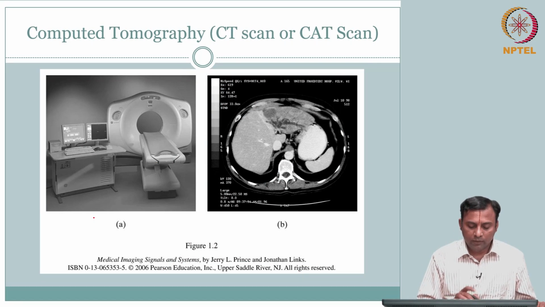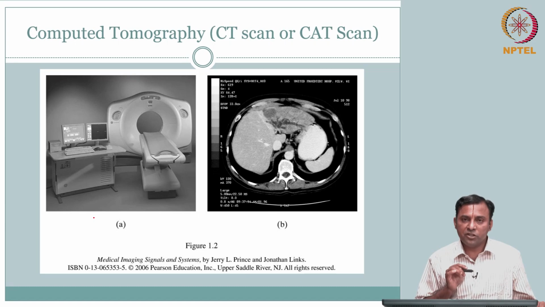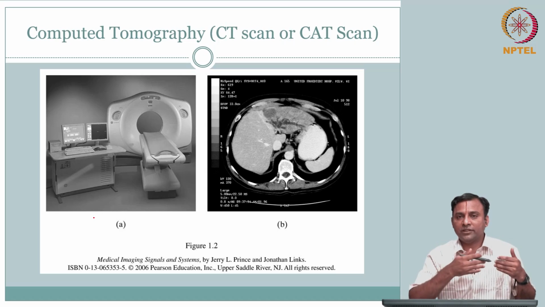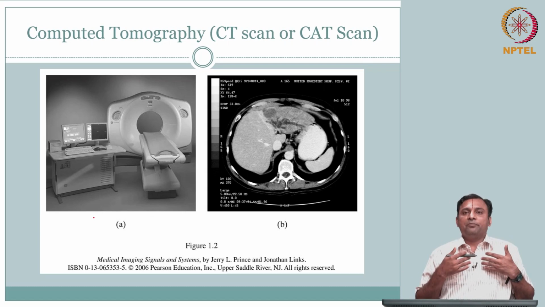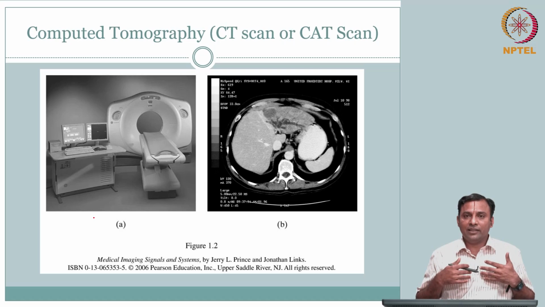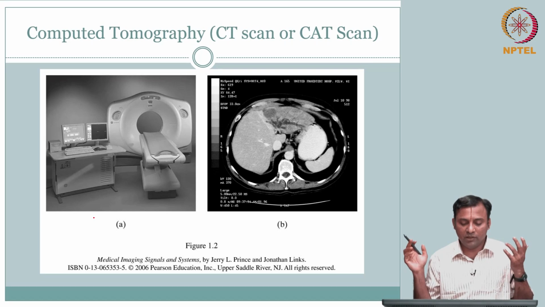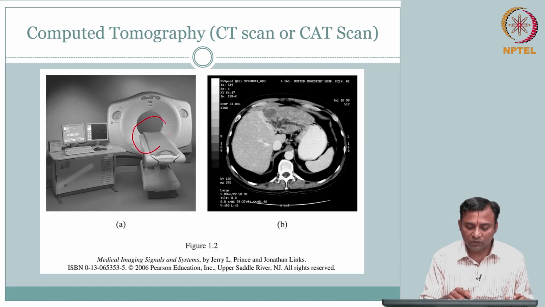So what is the addition? The instrumentation is now getting a little complicated. In X-ray projection radiography, you had a source, and you were asked to stand at the detector, your back resting against the detector or front, doesn't matter, and then the procedure is done, you just come out. Whereas here you notice the patient has to lie down.